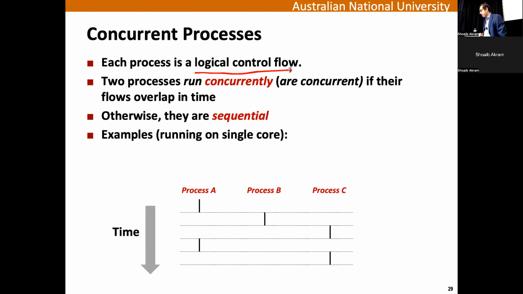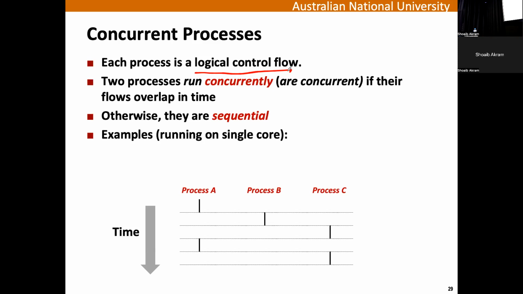Let's do an example here. These are three processes that are running on a single processor computer, single CPU. Process A and B, do you believe they are running concurrently? No, wrong.